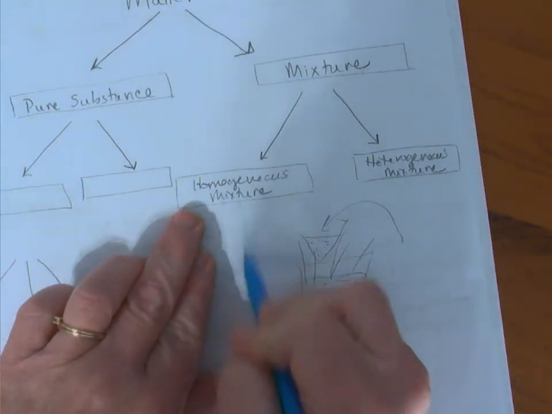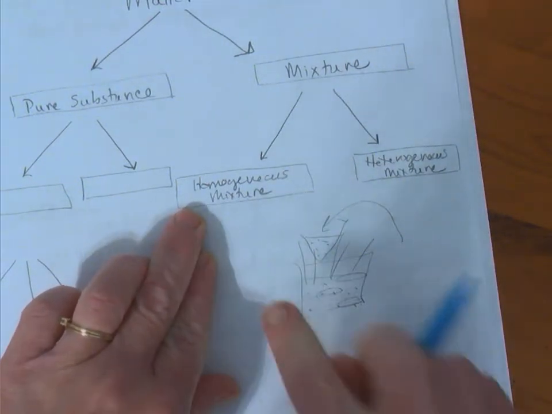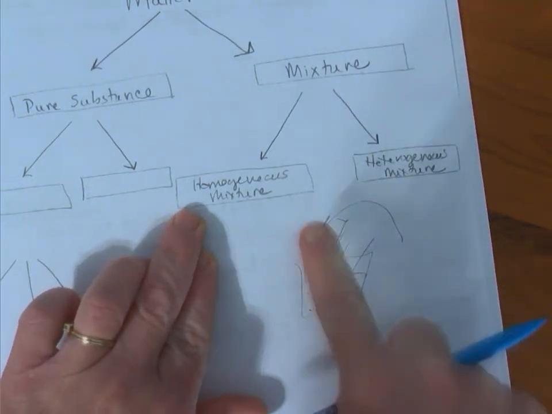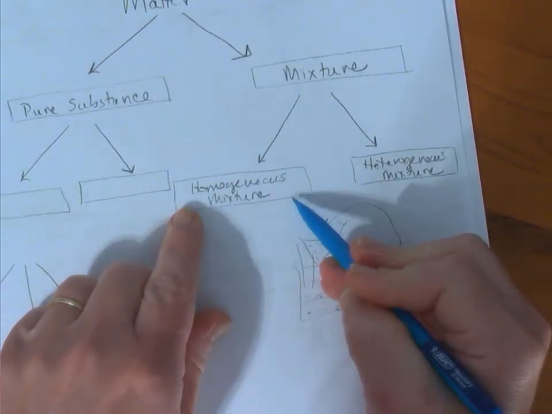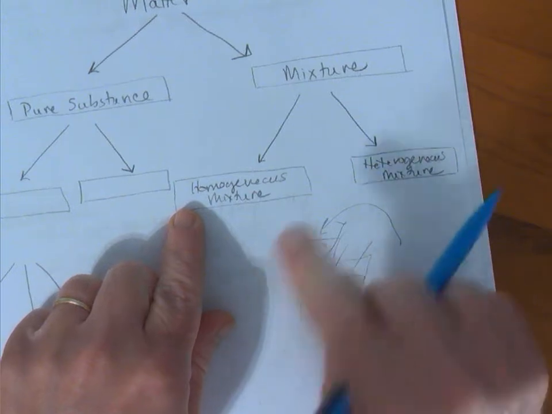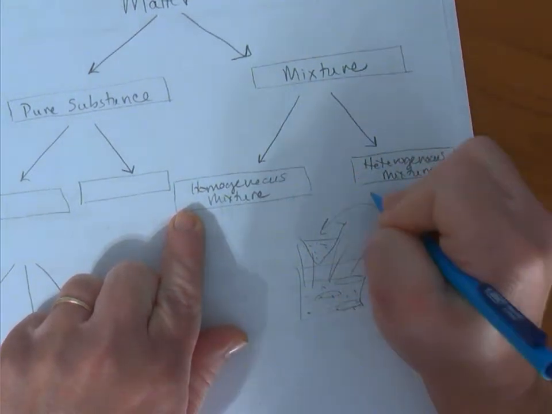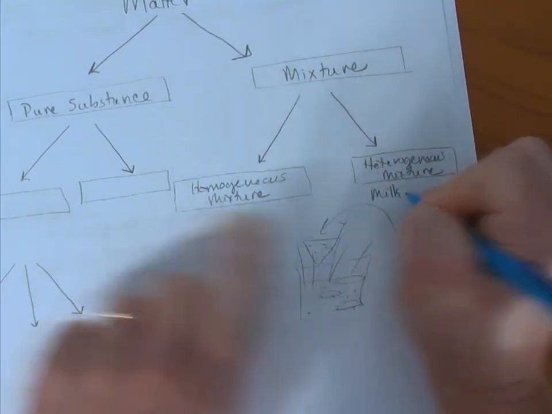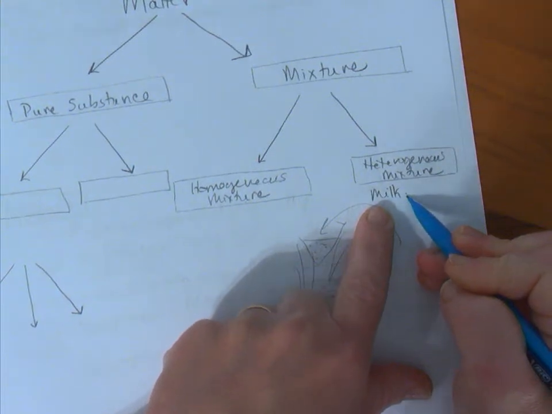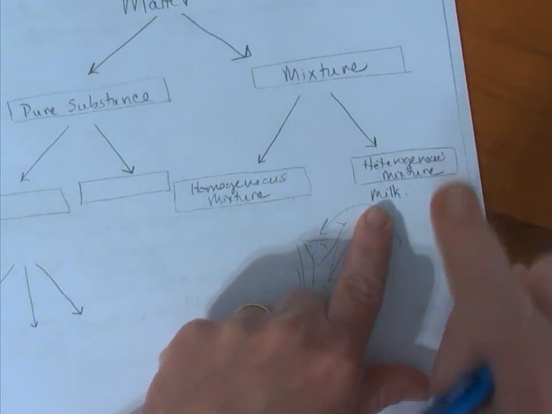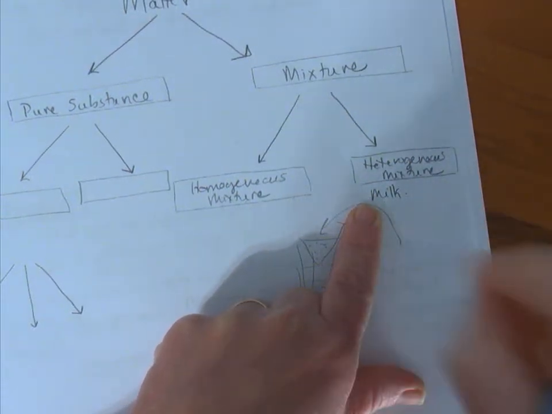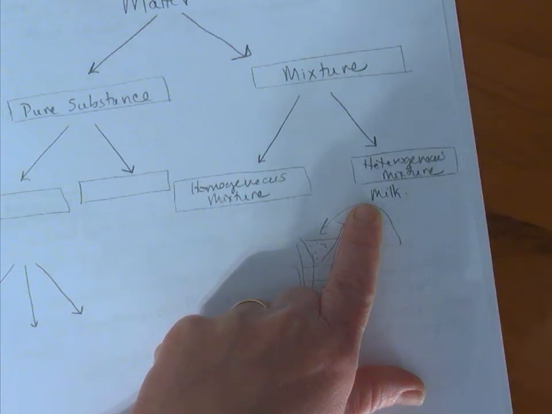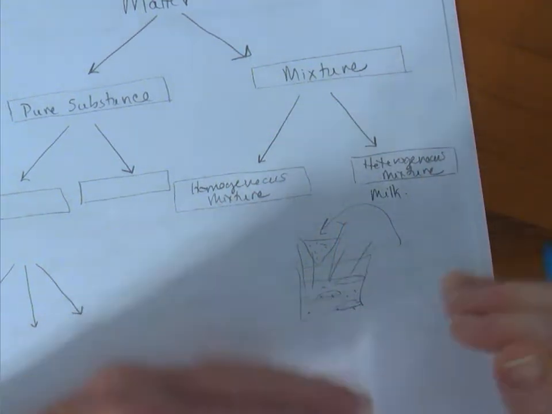Homogeneous, the same throughout. Now, there are some exceptions that may appear as if they are homogeneous. For example, milk. Milk is put through a process called homogenization. That distributes the fat globules. It breaks them up so they can be more easily distributed so they don't rise to the top.